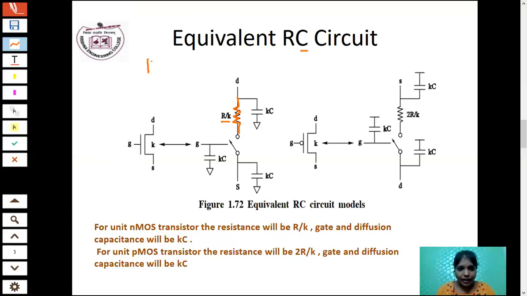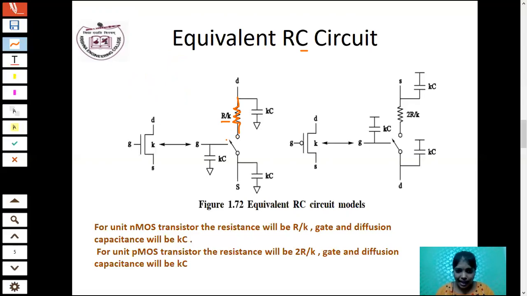Last class I explained that, for an NMOS or a PMOS transistor, there is a capacitance produced between the gate and source. Similarly, there is a capacitance produced between the source and body of the transistor, or else we can connect it to the ground. Similarly, a capacitance is formed between the drain and the body. So there are three capacitances we generally consider, near the gate, source as well as the drain. The resistance is connected in series with the transistor.